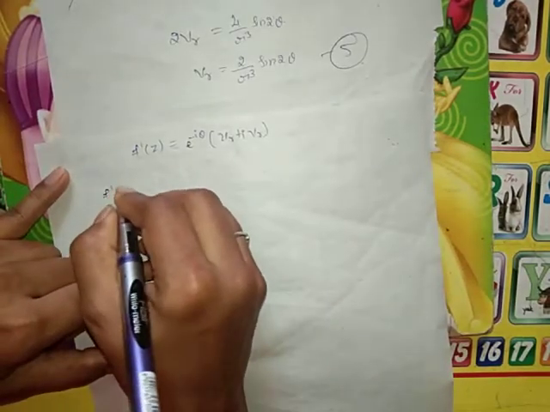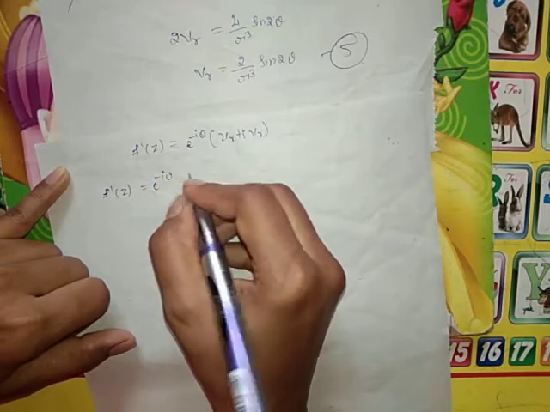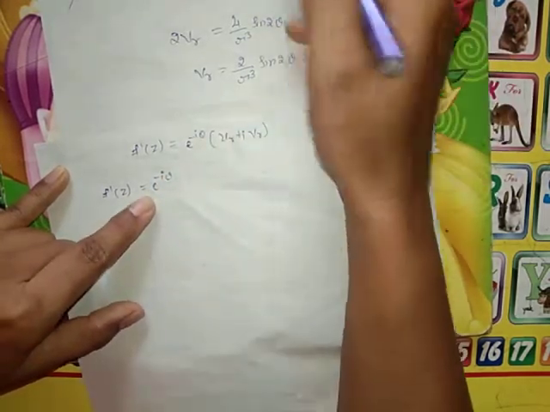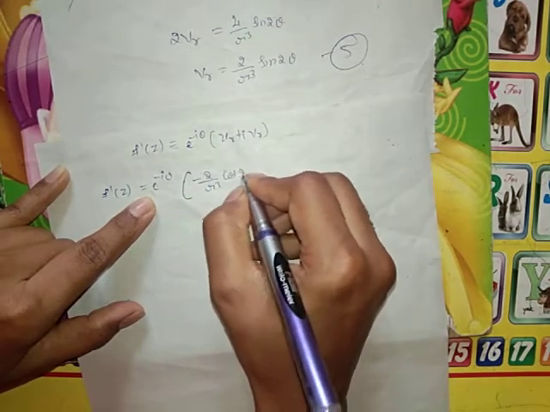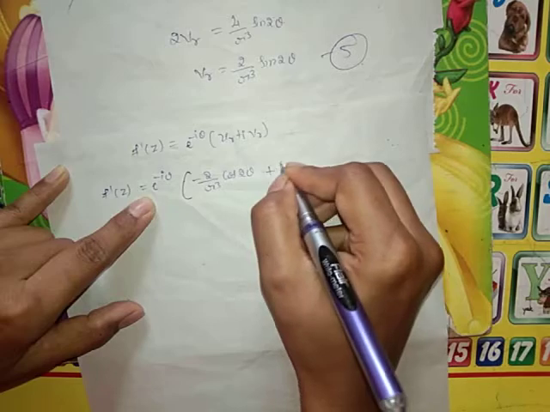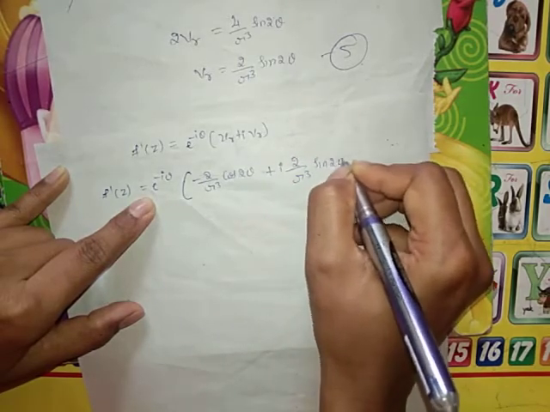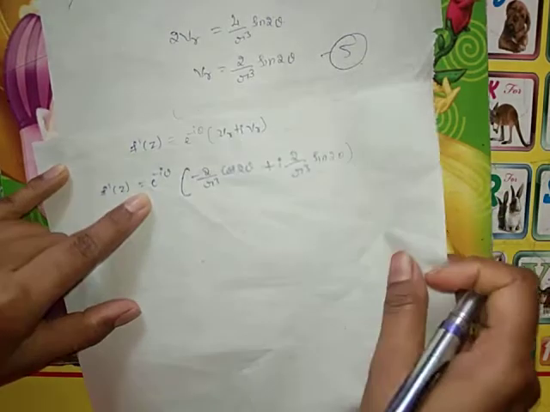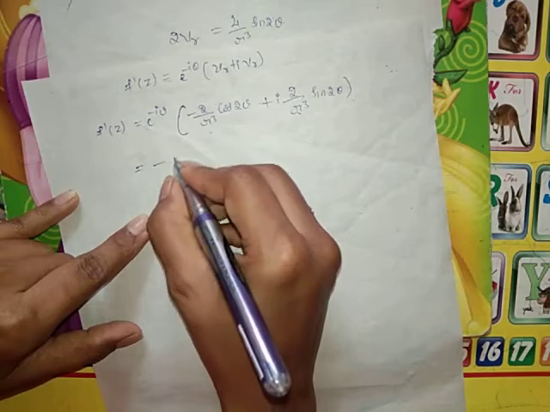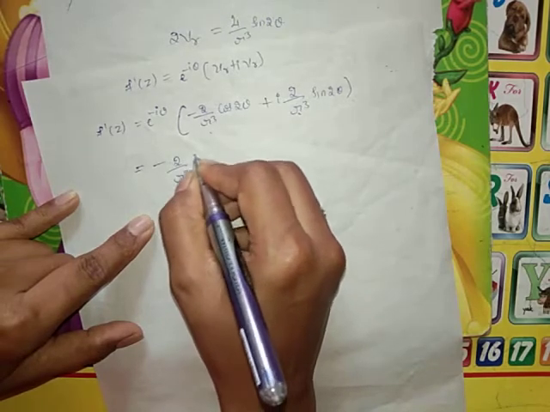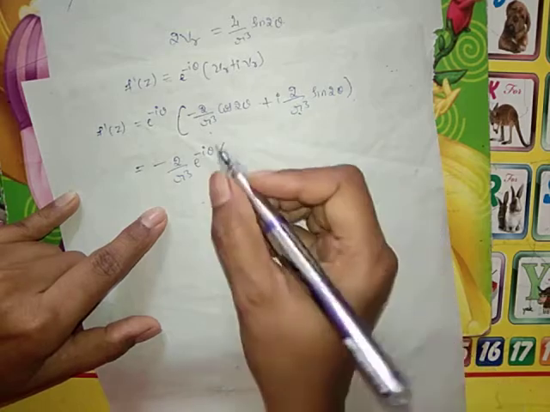Then your equation becomes f dash of z equal to e raised to minus I theta into ur equal to minus 2 by r cube cos 2 theta plus I into vr equal to 2 by r cube sin 2 theta. Take the minus sign also common outside. Minus 2 by r cube into e raised to minus I theta into.